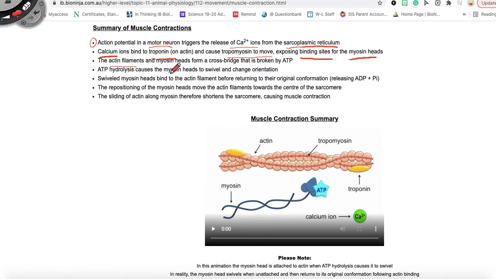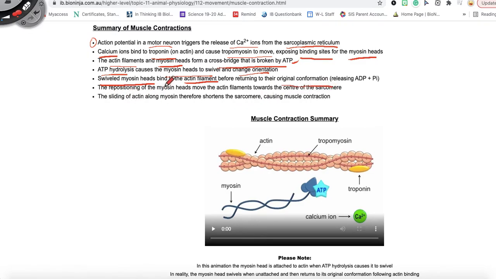The actin filament and the myosin heads form a cross bridge, which is then broken by ATP. ATP hydrolysis causes the myosin heads to swivel and change orientation. That swiveled myosin head now binds to the actin filament, and then it kind of swishes that actin filament as it moves to its original conformation.